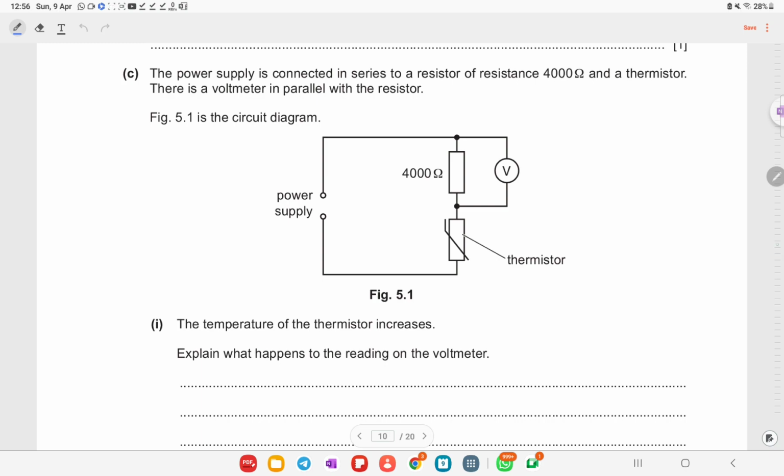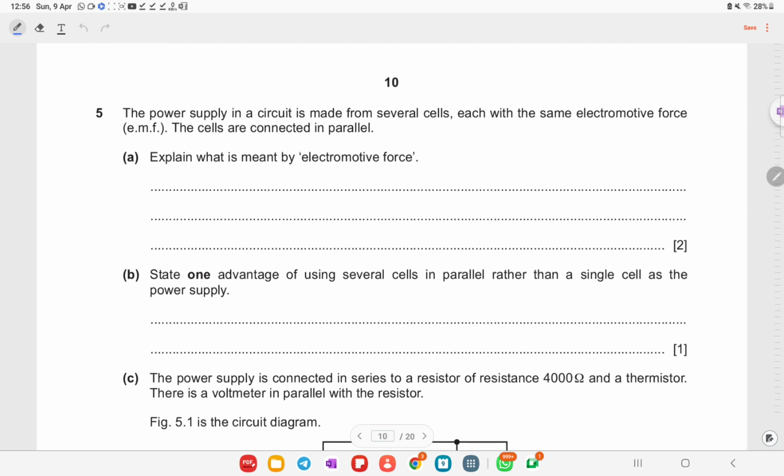Okay, moving to the next question. It states that the power supply in a circuit is made from several cells, each with the same electromotive force. The cells are connected in parallel. Now you have to define what is electromotive force. You can write it down: work done per unit charge, or basically work done is your energy as well.